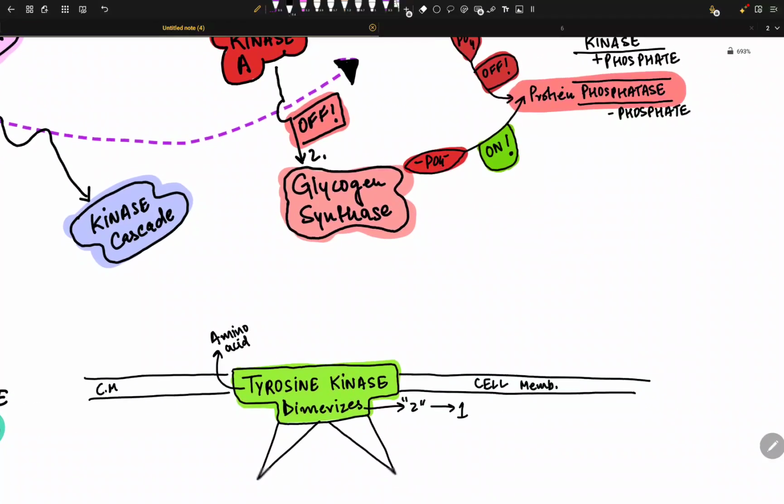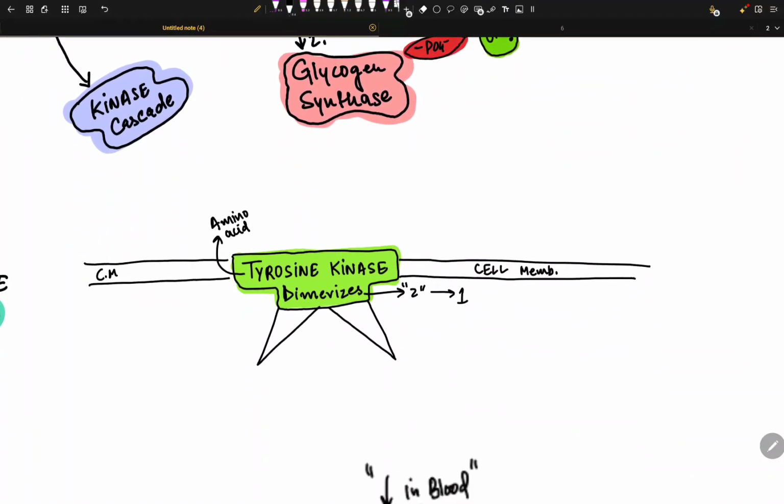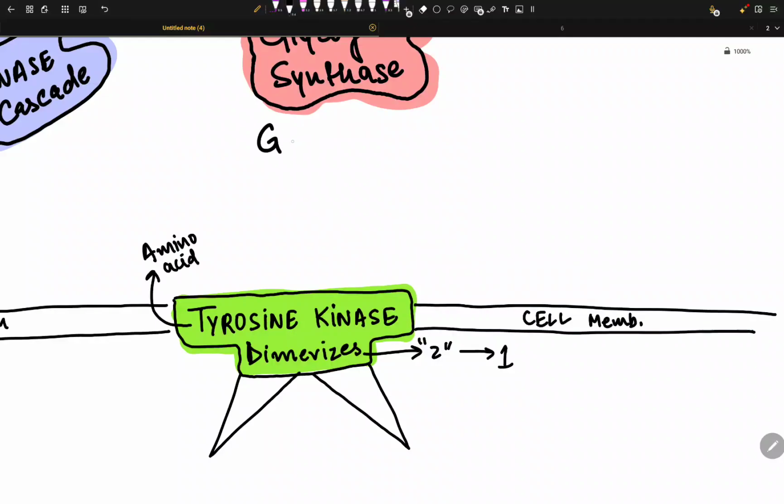What does it do? It converts glucose into glycogen. Is this storing glucose or releasing glucose? It is storing glucose, exactly what insulin wants.